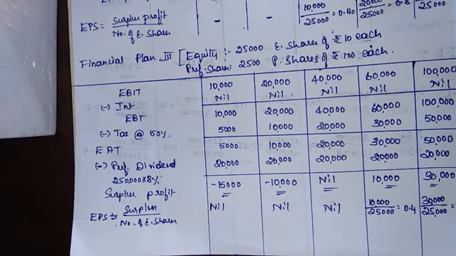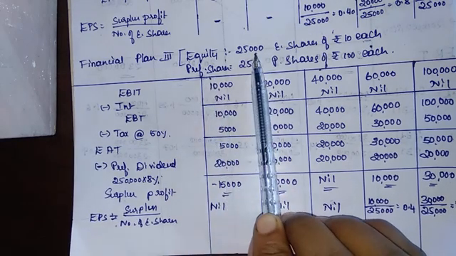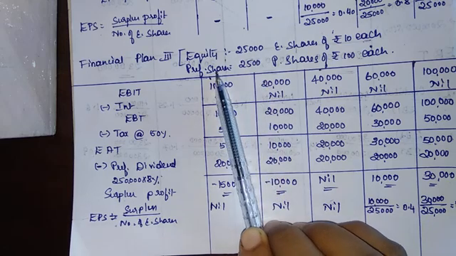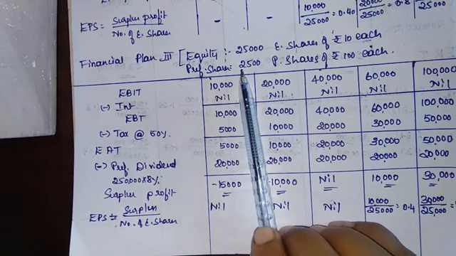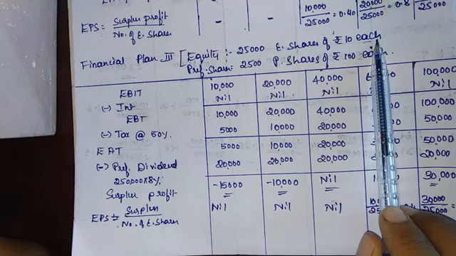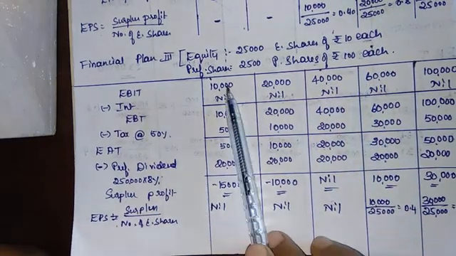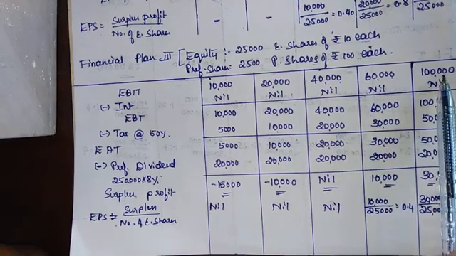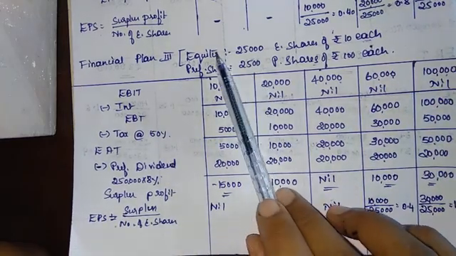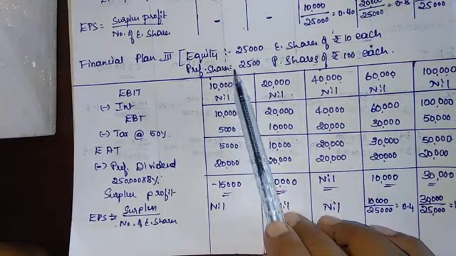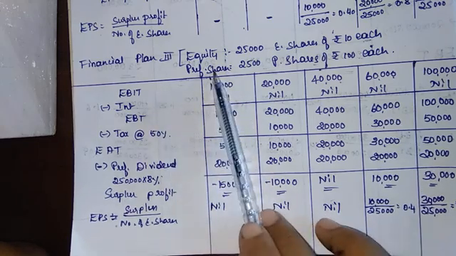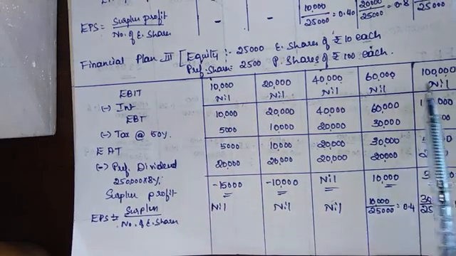Financial plan 3 has equity of 2,50,000 and preference shares of 2,50,000: 25,000 equity shares of 10 each and 2,500 preference shares of 100 each. EBIT is 10,000, 20,000, 40,000, 60,000, 1 lakh. As the capital structure has only equity and preference shares, there is no debt, so there is no interest to deduct from EBIT.